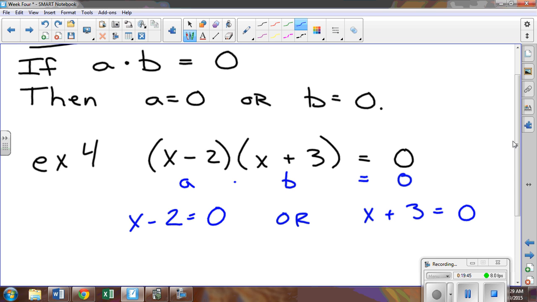What are the answers for your first one? Positive 2, or... Generally speaking, this is a strategy that gets introduced for most students in Algebra 1 and is heavily reinforced, becomes a significant tool. You use it a lot in Algebra 2. My expectation is that you've worked with this and are fairly familiar with it.